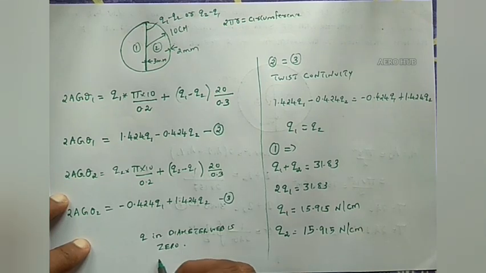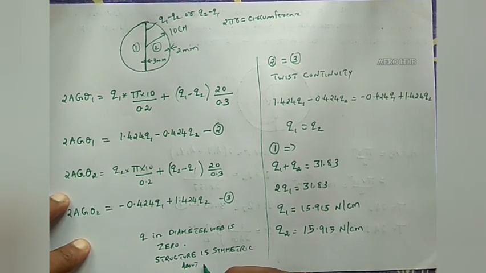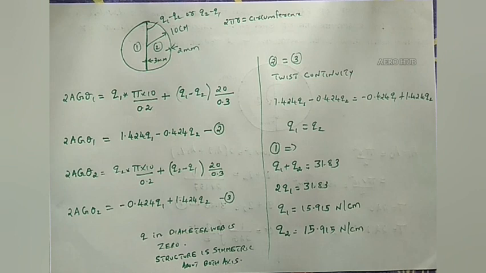Why? Because the structure is symmetric about both axes, with respect to the diameter web. That's why the shear flow along the diameter web is 0.